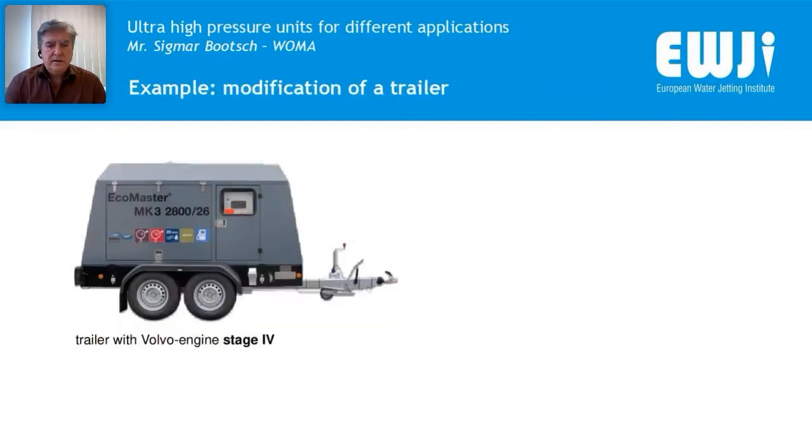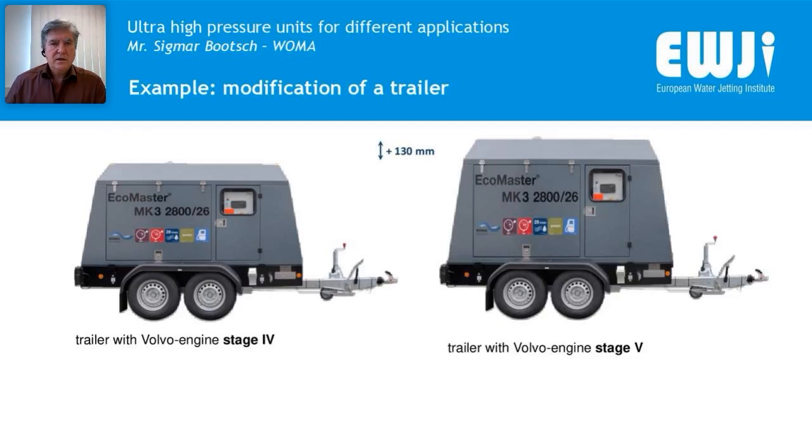This is an existing mobile unit which fulfills the stage 4 limits. As a real life example, we had to upgrade this unit to the emission limits of stage 5. So to get to these lower limits, a 130 millimeter higher hood sounds not so much, but that means we have to redesign the soundproof hood.